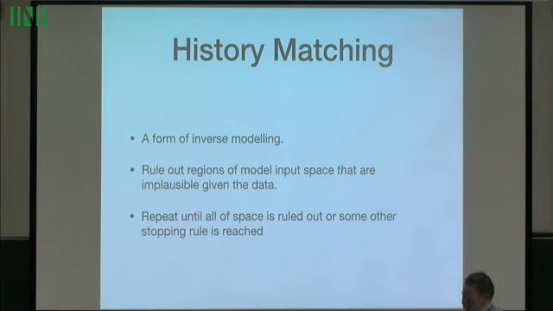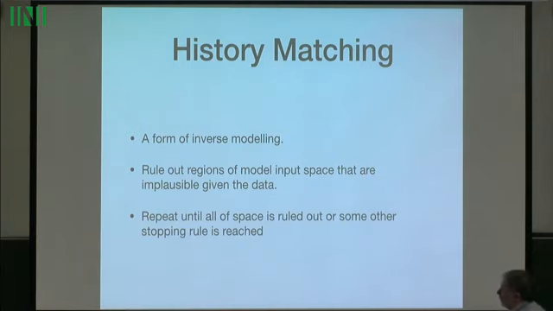So it's a form of inverse modeling, but instead of trying to find the best value of the model inputs, we rule out those parts of input space that give implausible models so far from the data that you don't want to consider them anymore. Okay?